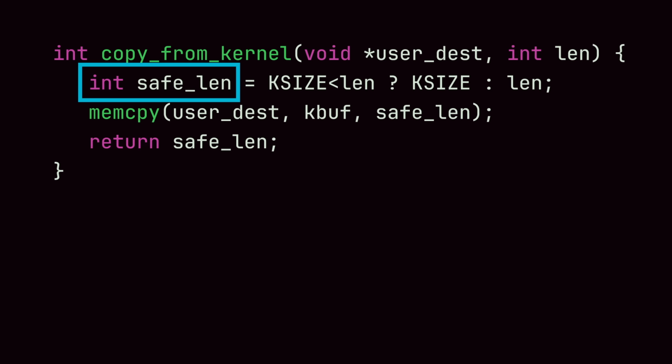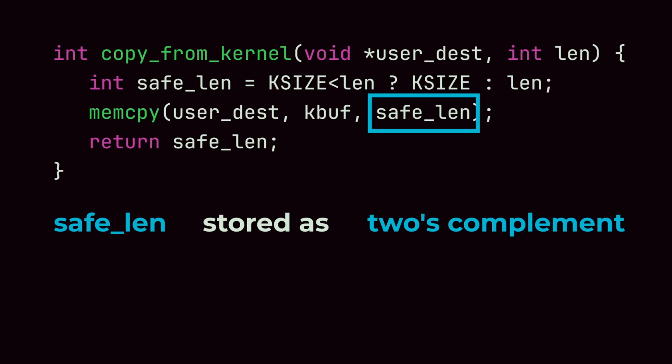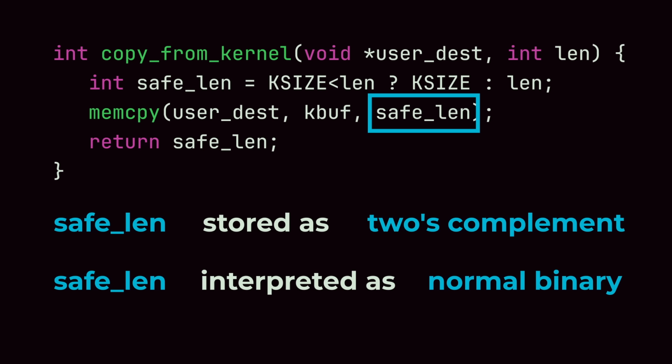Because saveLang is of type int, it's stored in the 2's complement format. But if the memcopy function expects an unsigned integer, any binary value given to the memcopy function is interpreted in the normal binary format. So the binary value that we hand over doesn't change, but how it's interpreted changes.